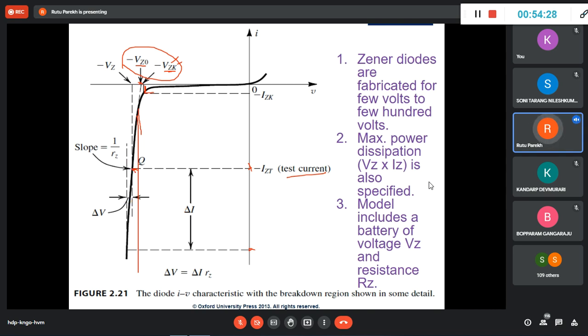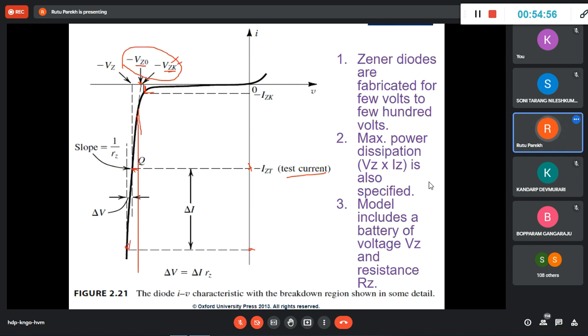So this point to this point, okay, this is the change in delta V. So for this little change in delta V, you have a huge change in the current, okay? And this relation is given by delta V is equal to delta I into RZ, and that RZ is given by the inverse of the slope. Or you can say slope is equal to 1 upon RZ.